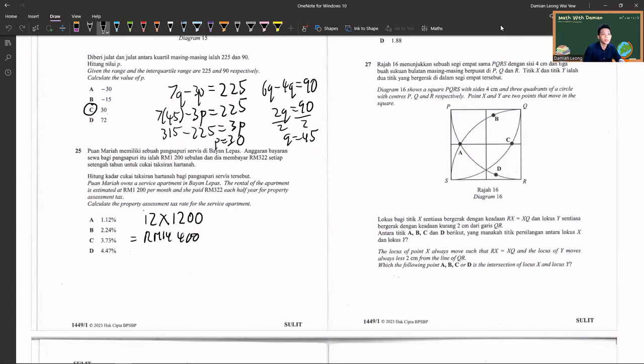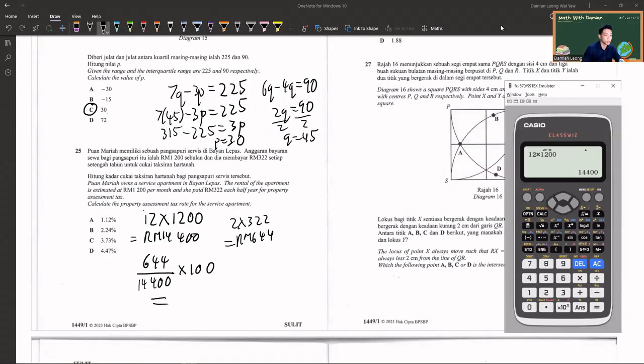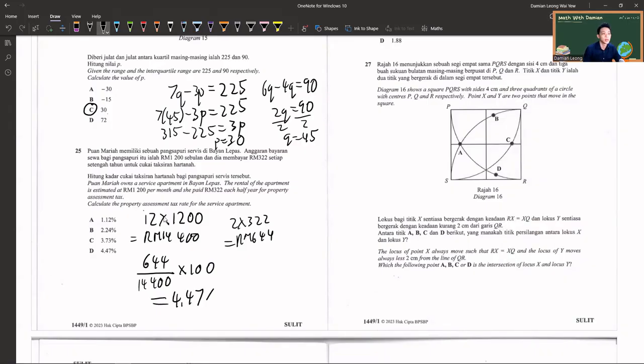So, means for full year is 2 times 322, 644. So, percentage, the rate is how much you pay over total rental times 100 to change to percentage. So, 644 over 14,400 times 100. So, 4.47%. Okay, answer D.